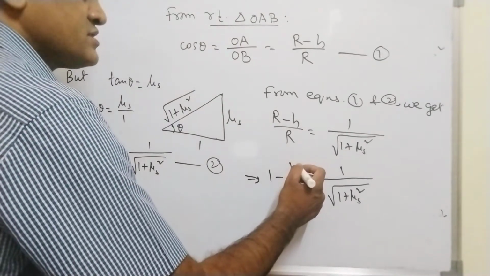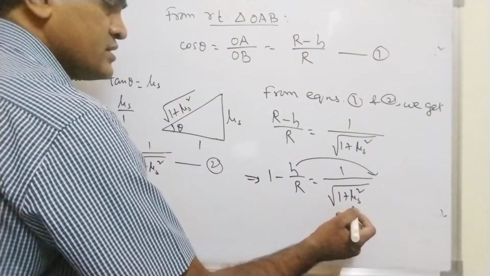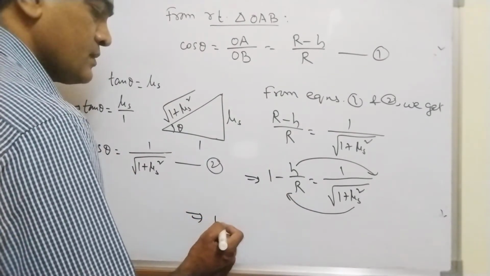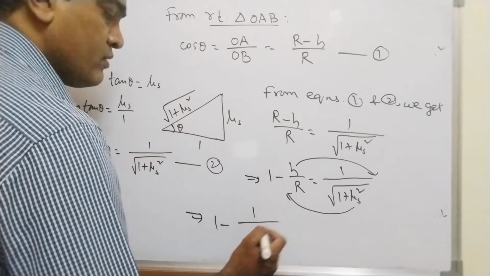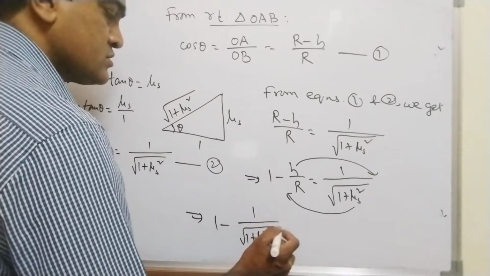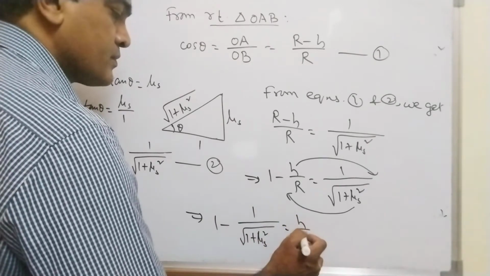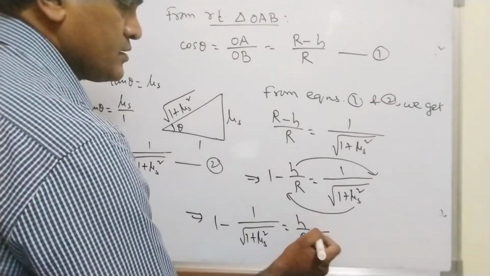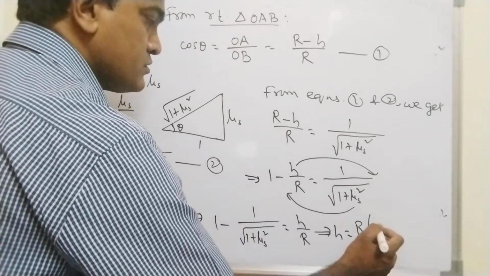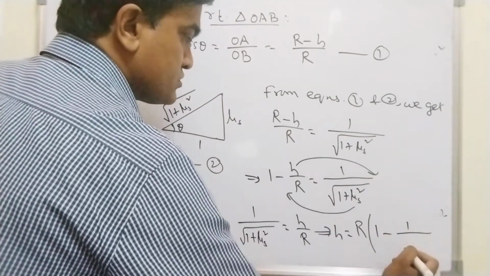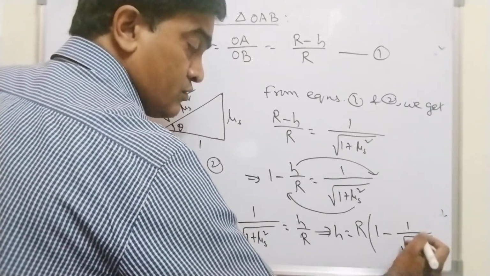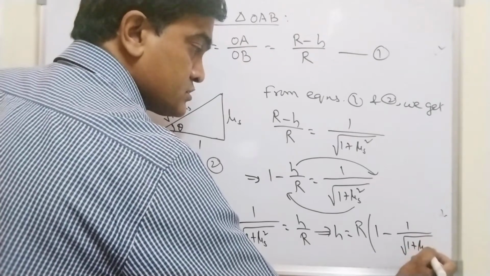Take this minus H by R to the right side and bring this to the left side. What will I get? 1 minus 1 by root over 1 plus mu s square is equal to H by R. From this, H is equal to R into 1 minus 1 by root over 1 plus mu s square.